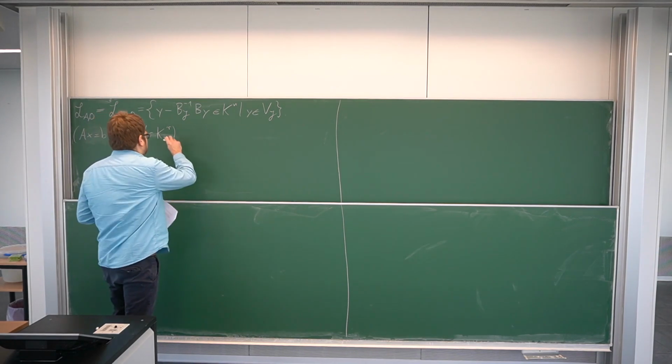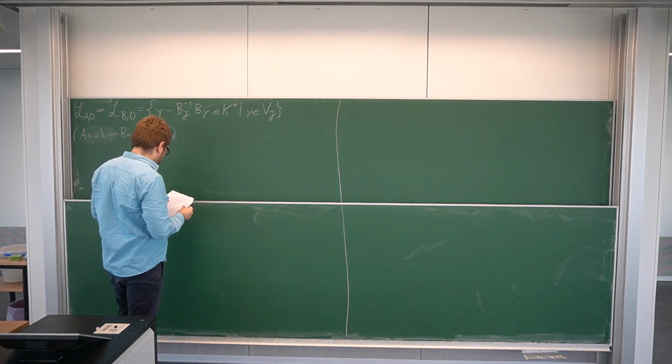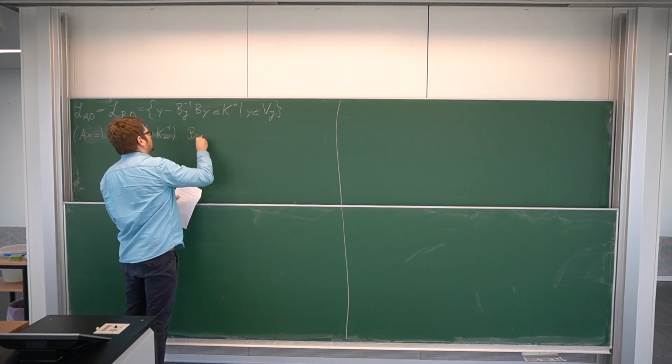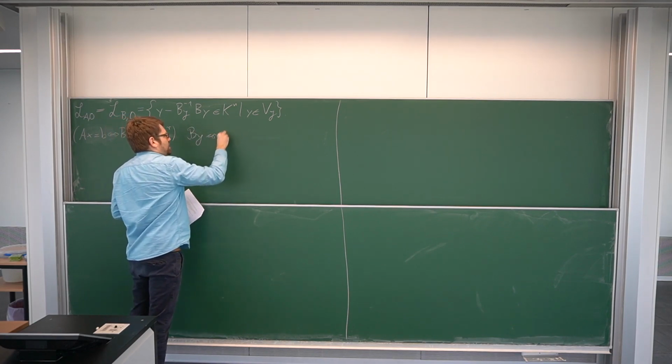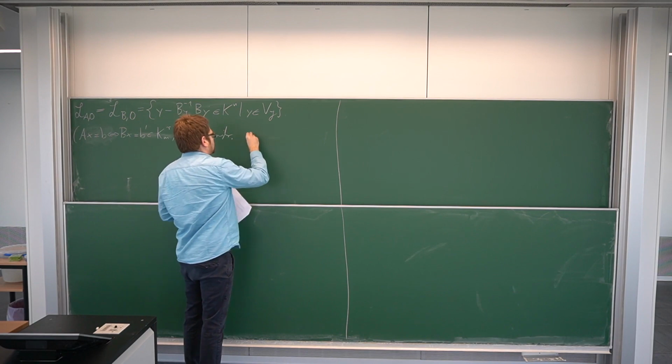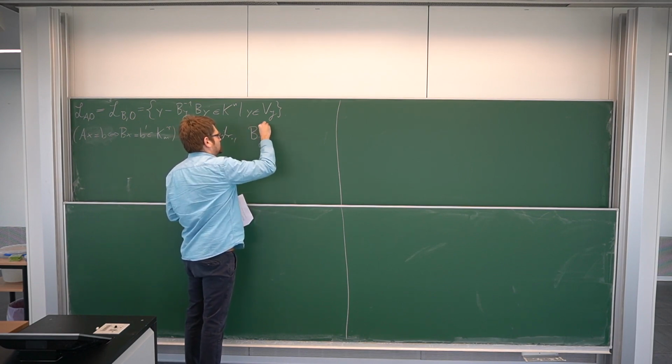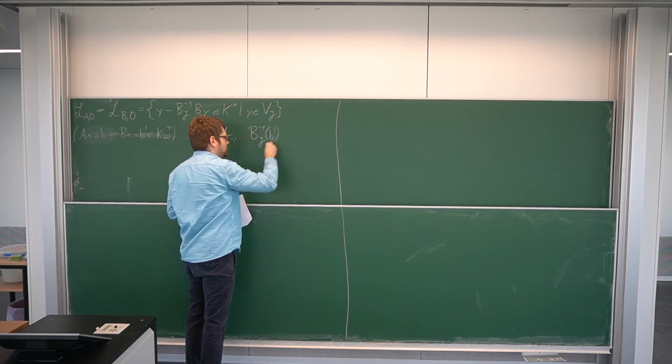Now, since we're in that space, we can find a particular solution simply by definition of this map Bj. By construction, we have a unique pre-image, Bj to the minus 1 of B prime.